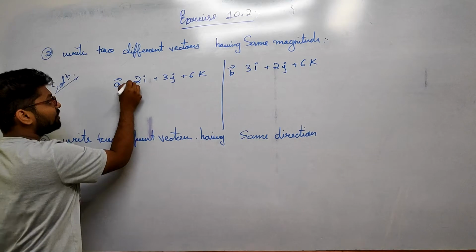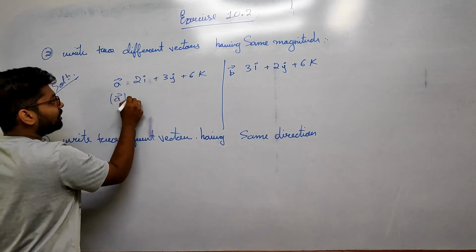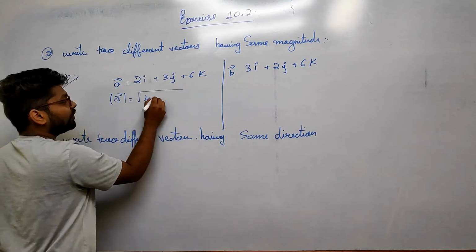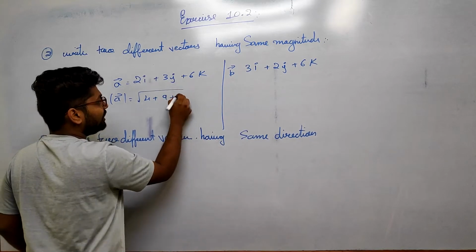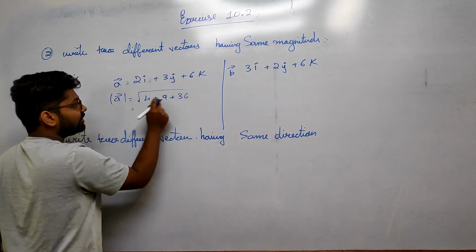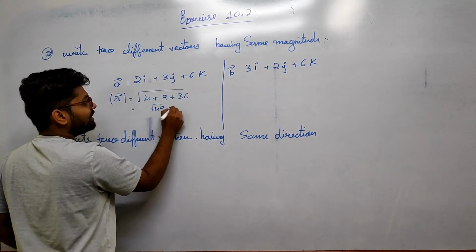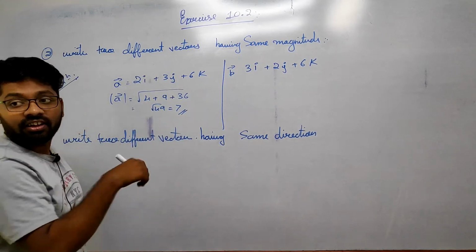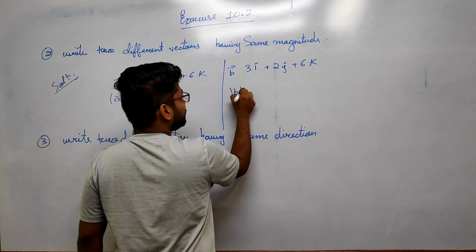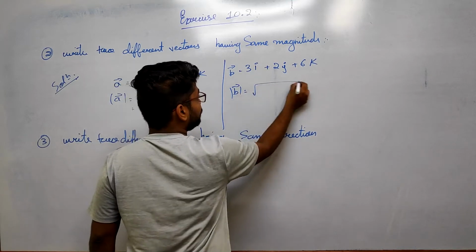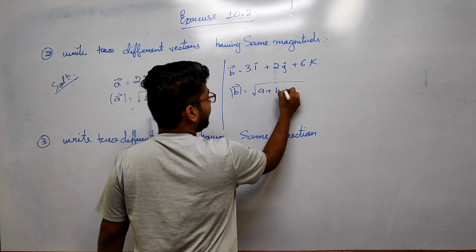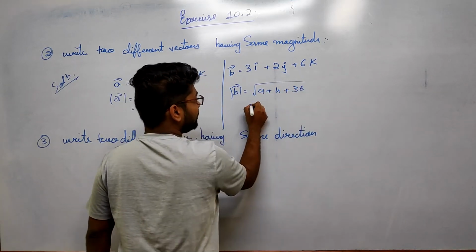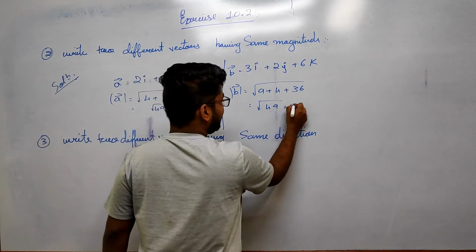If you take the modulus of a bar, it will be root of 2 square is 4, 3 square is 9, 6 square is 36. This is 49, root 49 is 7. One magnitude is found. Now the magnitude of b bar is root of 3 square 9, 2 square 4 and 36. 6 square is 36, right? This is again 49, 7.